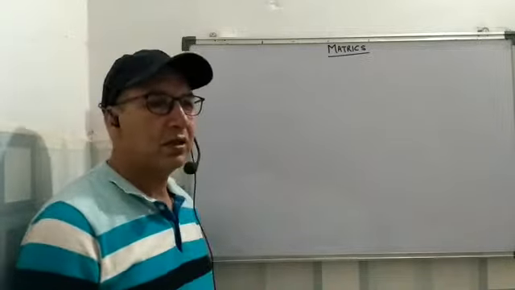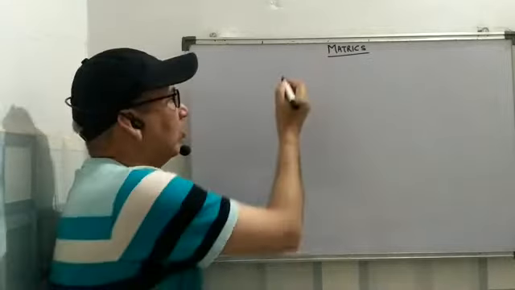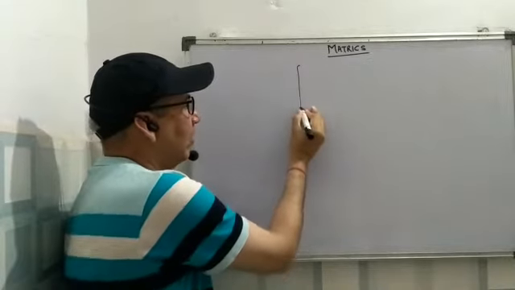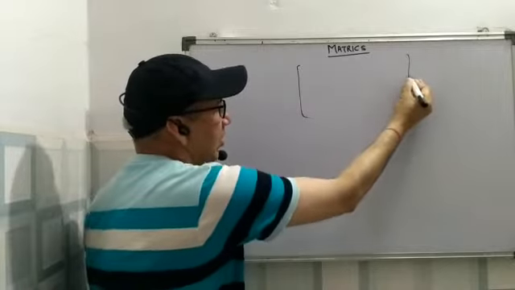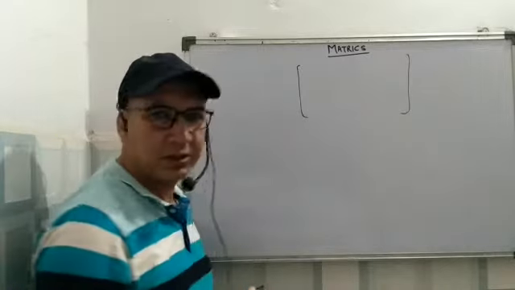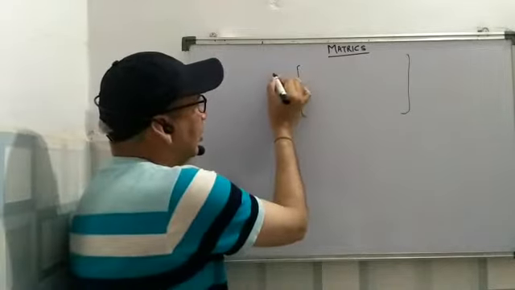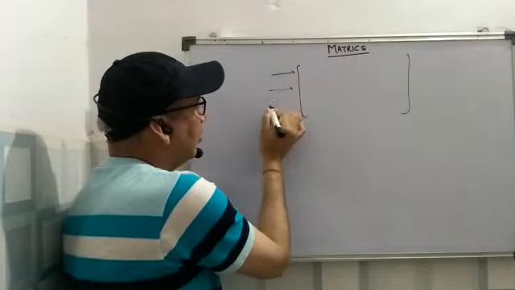Matrix is the rectangular arrangement of the raw data, and we represent this data inside a capital bracket. There are rows and columns.